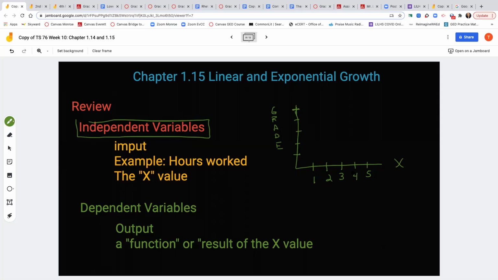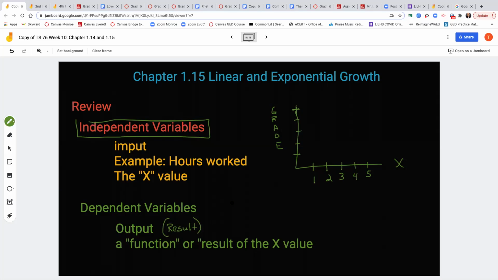Nothing's affecting that except my decision to do that many hours of studying. The dependent variable is the output. It's the result. You could actually write the word result. It is the result of how many hours I study.